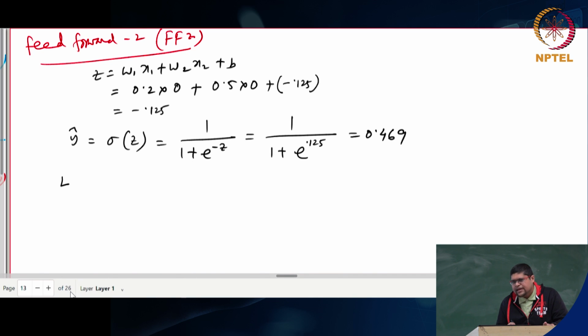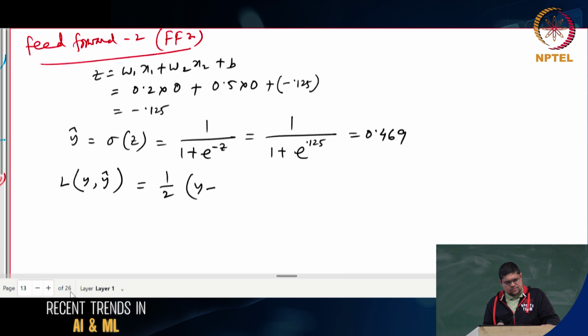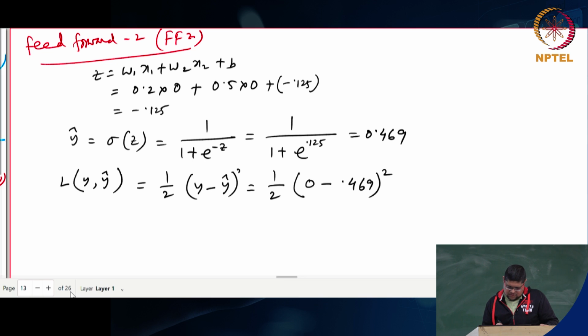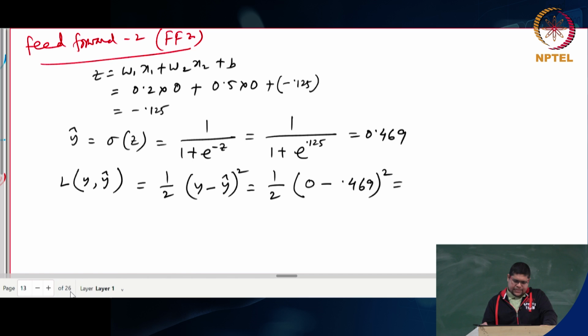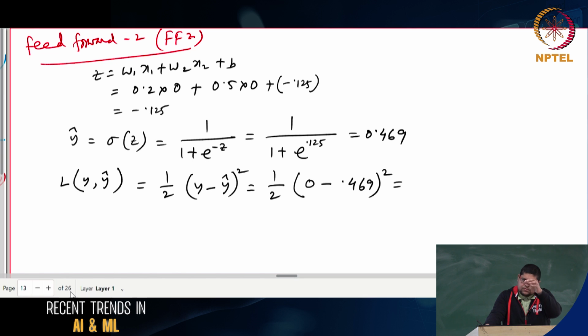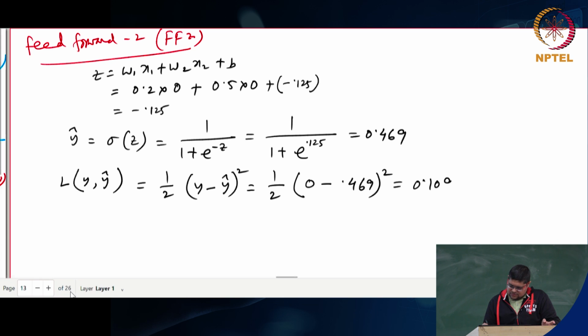So now what will you do? You will calculate the loss. Loss of y hat equal to half of, what was our y, 0, minus 0.469, this one squared. This you please calculate. It comes to about 0.109.